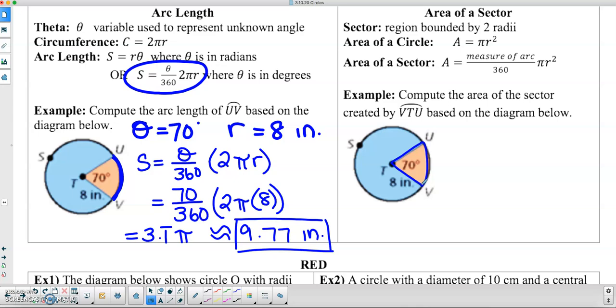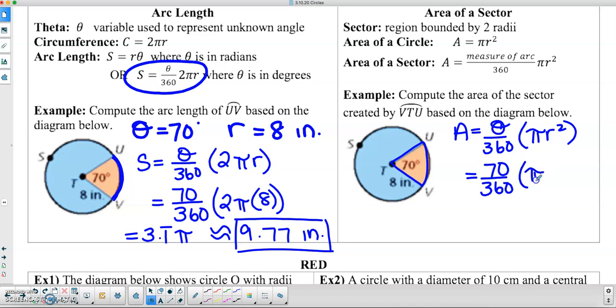So we're going to keep our area, so A equals, because we're dealing with a specific sector here, we're going to take our theta, divide it by 360, and then multiply it by the area of a circle, which is pi r squared. Theta is still 70 degrees here, so it's going to be 70 divided by 360 times pi. Radius in this case is 8 still, and then square that.